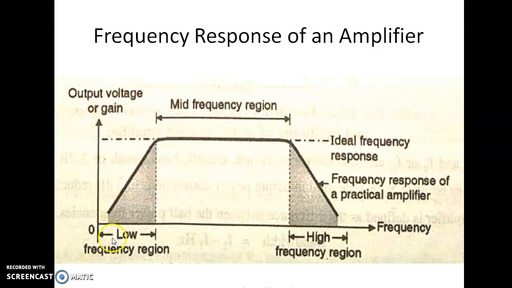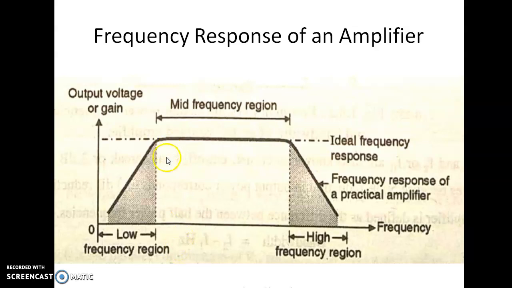Here we can see this is the low frequency region, this is the high frequency region, and this is the mid frequency region. In the low frequency region, the output voltage or gain is increasing up to F1 or FL.